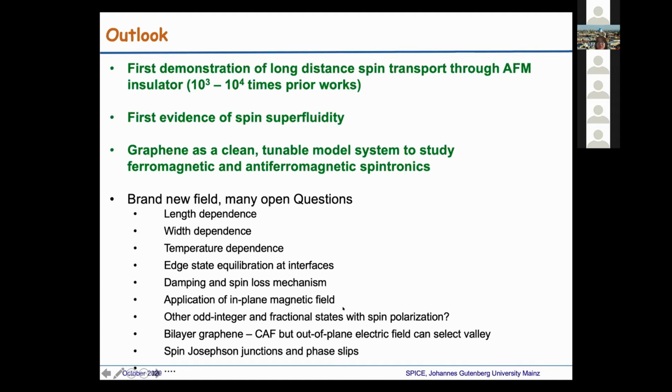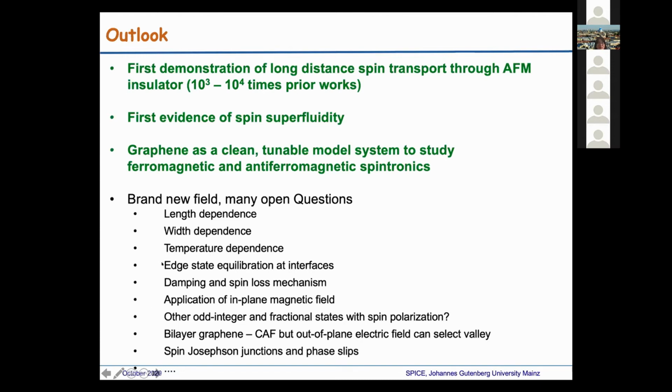So this is a really new field, and we have many open questions. For example, we have length dependence, width dependence, and in particular temperature dependence, and the length dependence will be very important to establish the mechanism of the spin transport in this case.